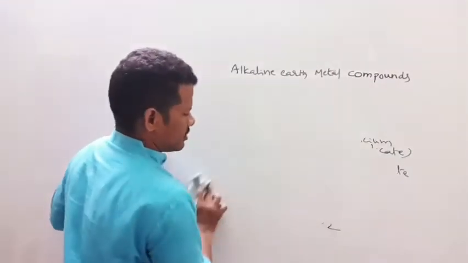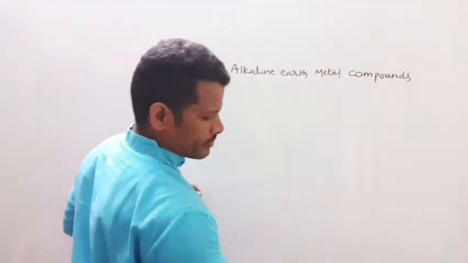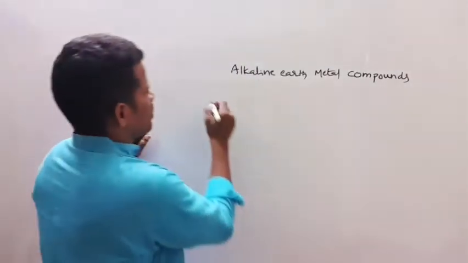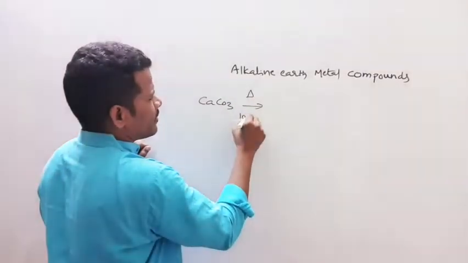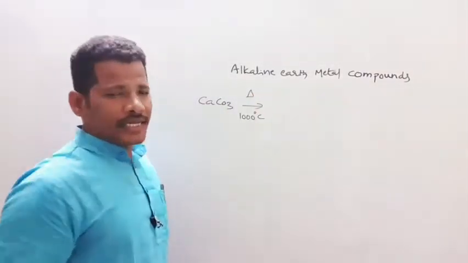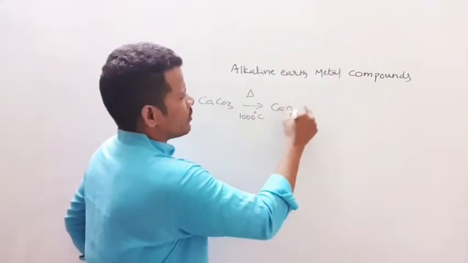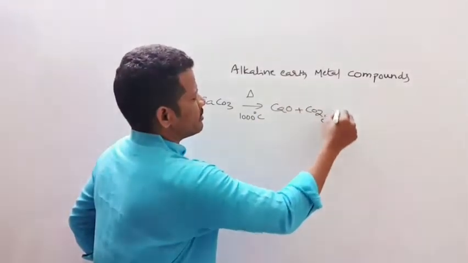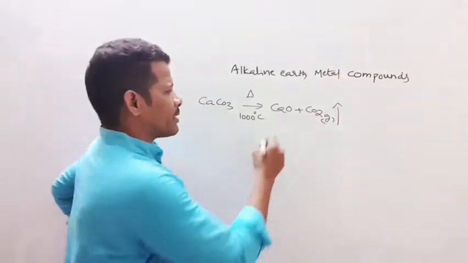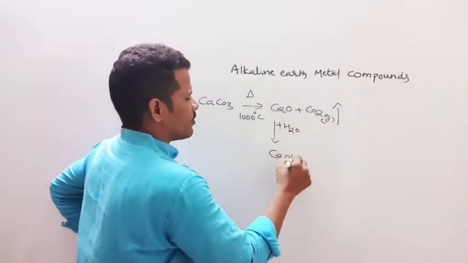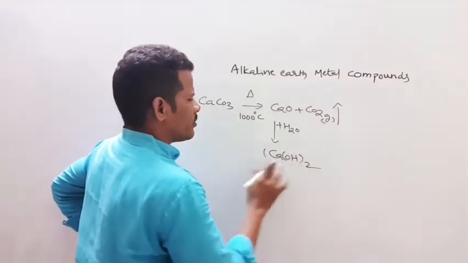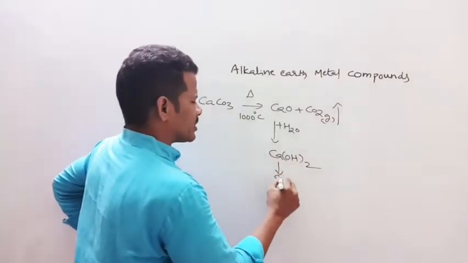Remember this: if you take calcium carbonate, limestone, on heating at approximately 1000 degrees centigrade, it forms calcium oxide and evolution of carbon dioxide. Then by adding water, it forms calcium hydroxide. Calcium hydroxide is again suspended in water.